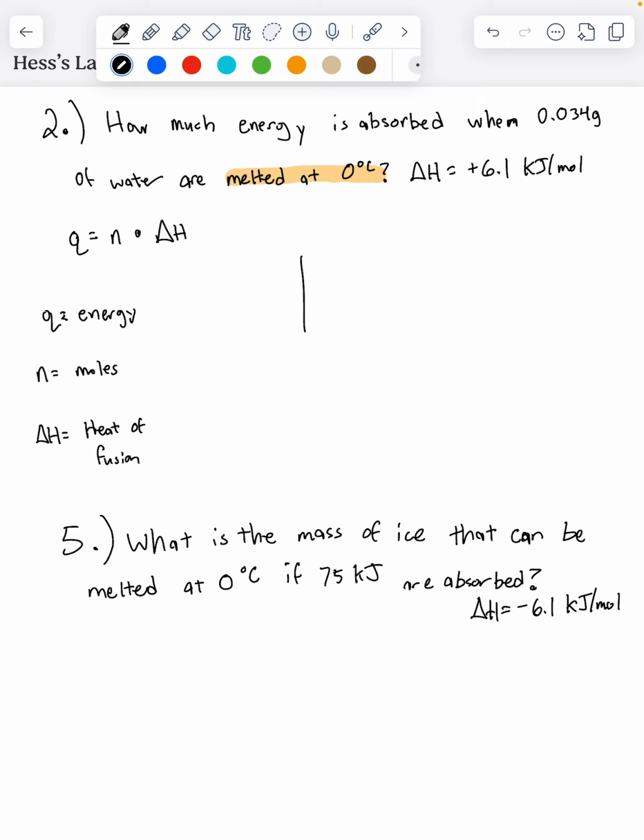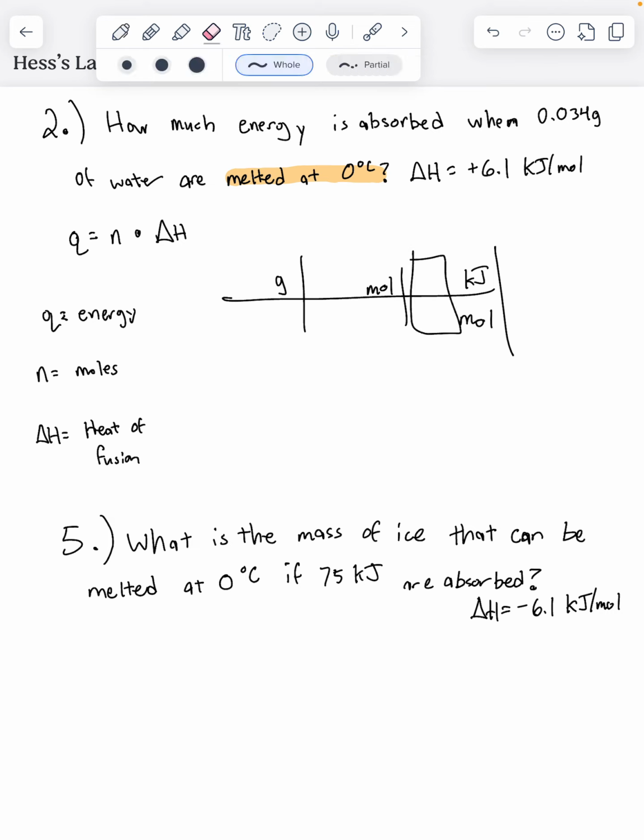We're also not going to use the train track equation where we go grams to moles to kilojoules, because in order to do a mole to kilojoule conversion, we need a balanced equation, and there is no balanced equation in this problem.